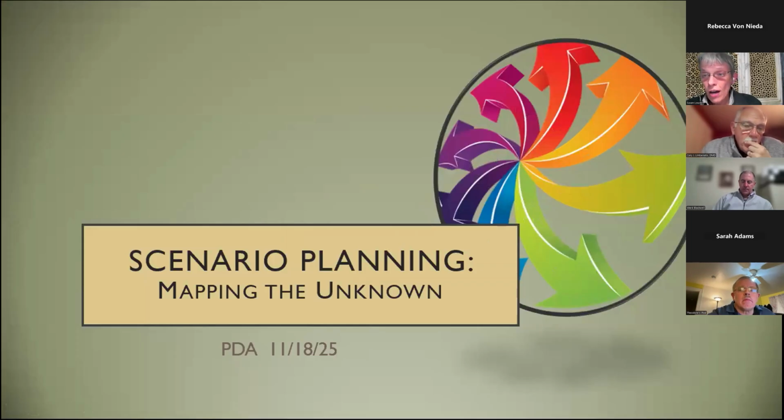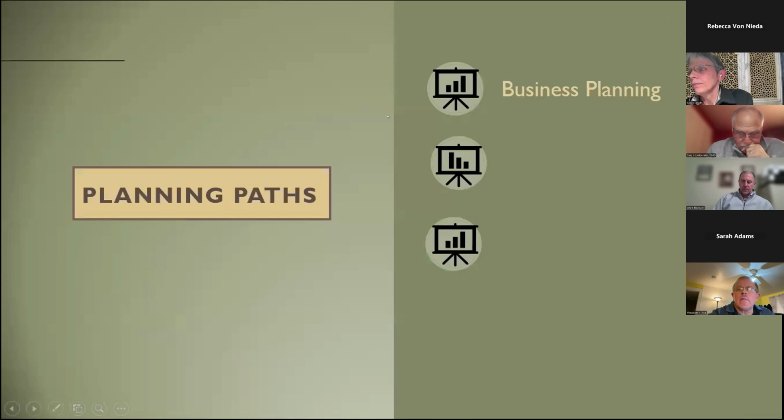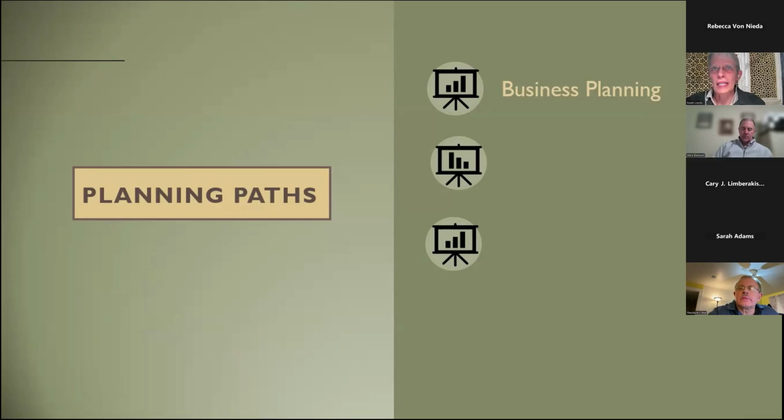So let's talk about what scenario planning actually is for starters. I want to differentiate it from other types of planning paths. There's a lot of different ways that people can plan. So business planning, and if you're doing a business plan, and many of you probably have been involved in business plans, you'll take a look at the environmental data, at what's going on in trends and revenues and expenses, what's changing in the environment.